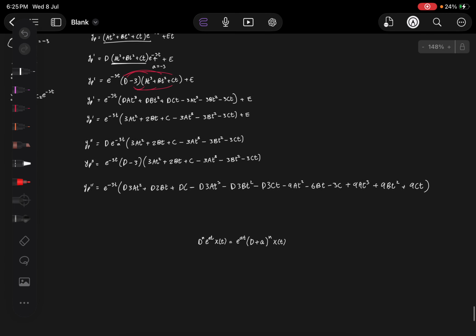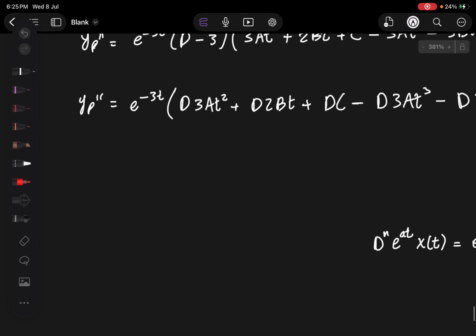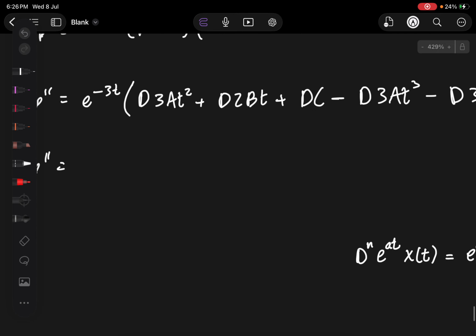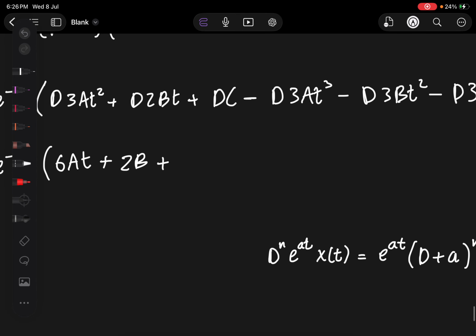Whoa, let me check this one more time. Okay, everything seems right till now. So next, you simplify these d's. What's the derivative of this? It's 6at. Plus, derivative of this is 2b. The derivative of a constant is 0.